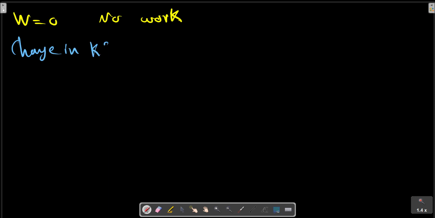There is no means of doing any work, so W equals 0, no work, and changes in kinetic and potential energy are commonly negligibly small for a heat exchanger.